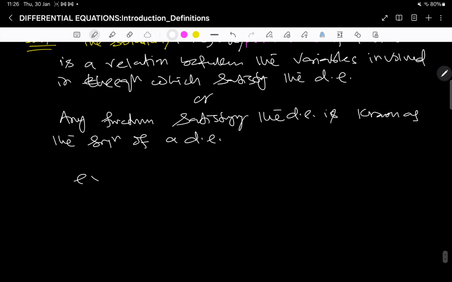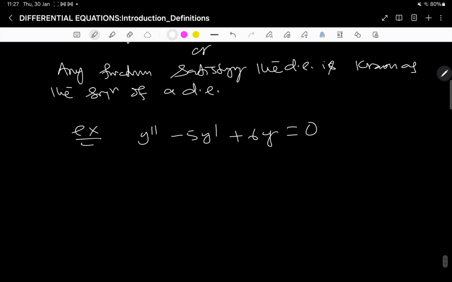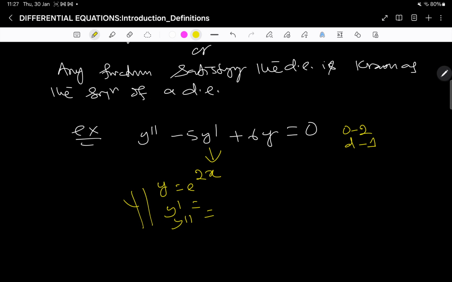Right, for example, suppose you are given y'' - 5y' + 6y = 0 as a differential equation. What is the order? The order is 2 here, the degree is 1 here. Okay, so what is its solution? If I put y = e^(2x), and I find y' and y'' and I substitute over here, this is a function, or a relation between the variables involved, so it will satisfy this equation.